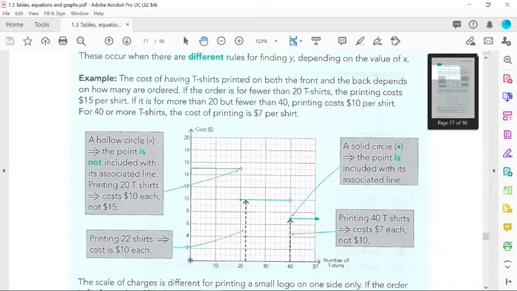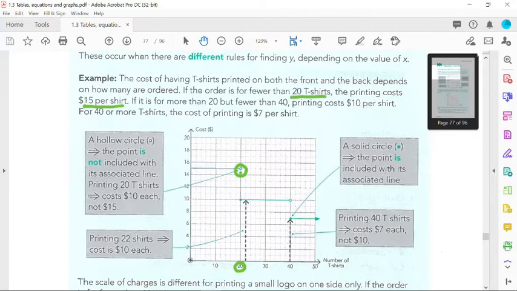So the first one is, if the order is fewer than 20, then it costs $15 a shirt, right? Well, here's 20 right here. So when you get up to this point, it says fewer than 20. So does that include 20? No. It's hard to see on this picture, but there's an open circle, or a hollow circle, there.